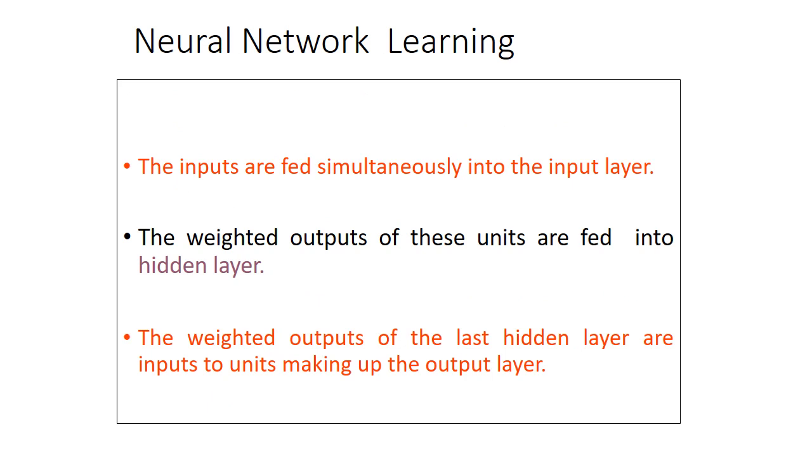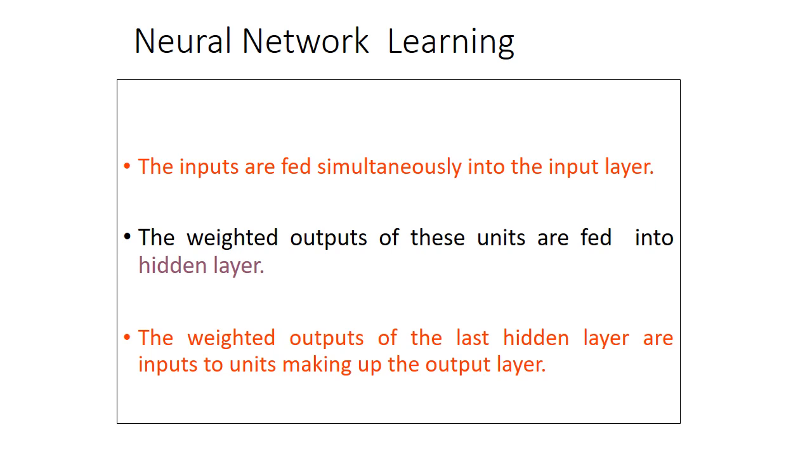Neural network learning. The inputs are fed simultaneously into the input layer. The weighted outputs of these units are fed into the hidden layer. So there are three important layers in the neural network. The first is the input layer, which takes the inputs, and the second is the output layer, which produces the output.